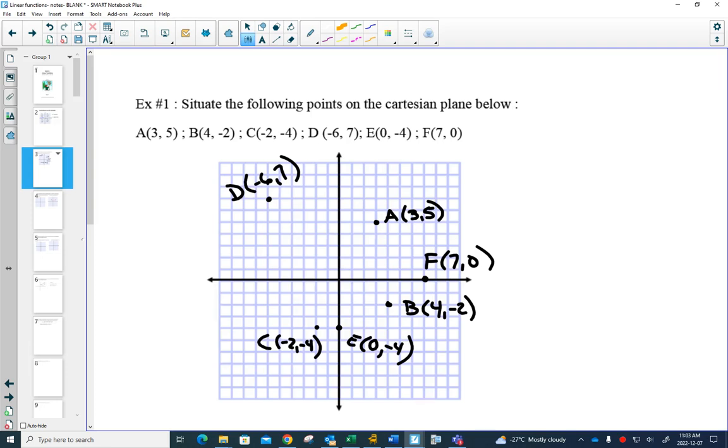Oh, yeah, and you can check, did you get the points in the right spots? Did I get the points in the right spots? Awesome.